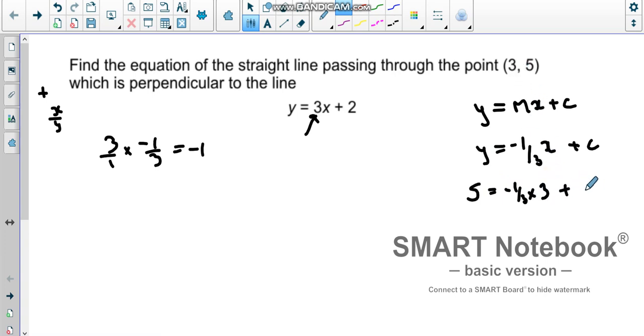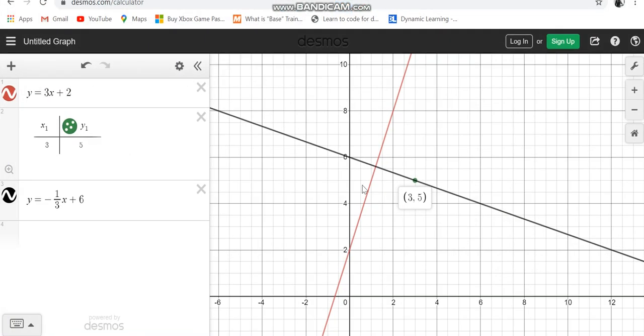Then we can figure out what number we have to put here as plus c to come up with our rule. So minus 1/3 times 3 is just minus 1. So minus 1 plus something has to equal 5, and that something, that c, is 6. So the equation of our line becomes y equals minus 1/3 x plus 6, as we can see there.